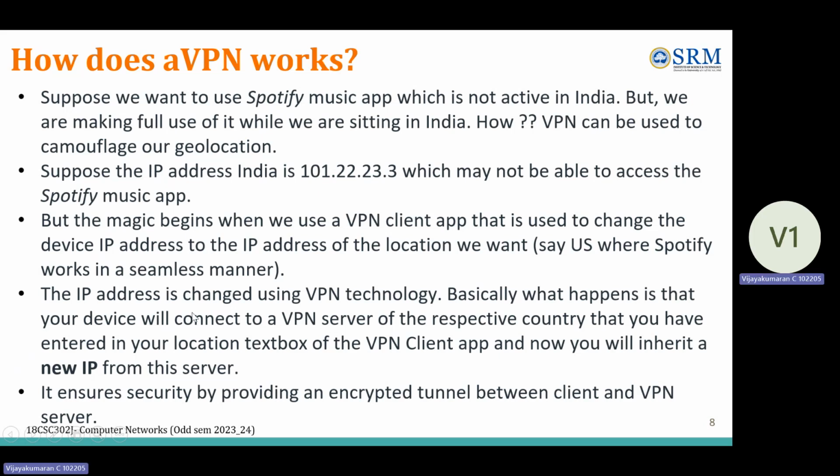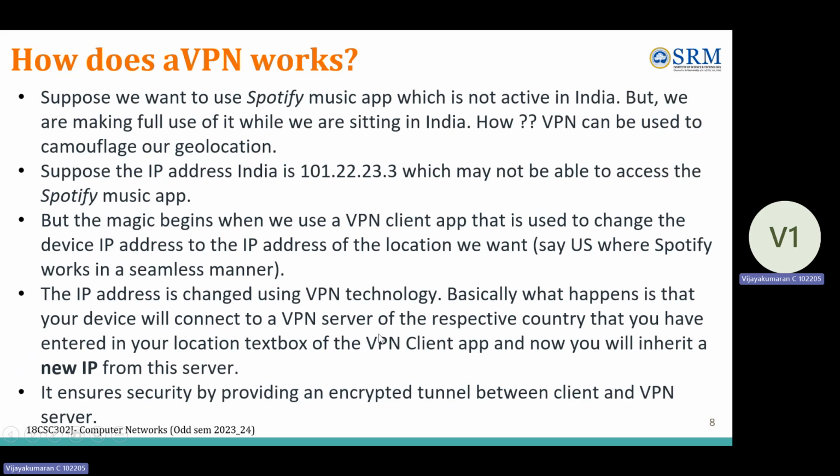So your device will connect to the VPN server of the respective country that you have entered in the location text box in the VPN client application. And now you will inherit a new IP address from this server, that is, the server located in the US provides you a new IP address. Your IP address is hidden, that is, tunneled between the VPN client and the VPN server.